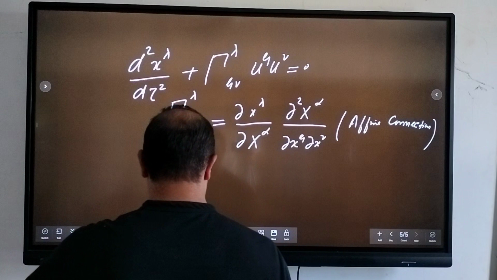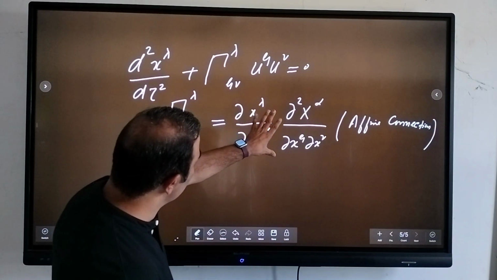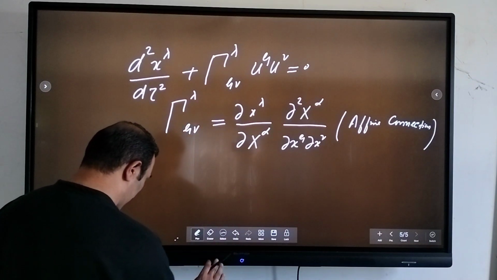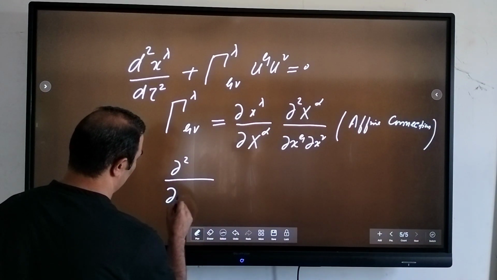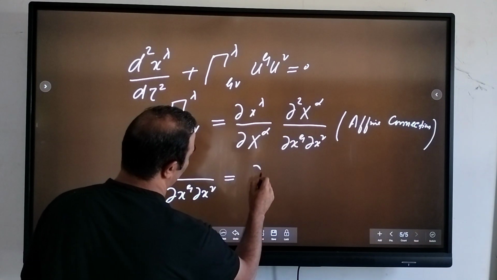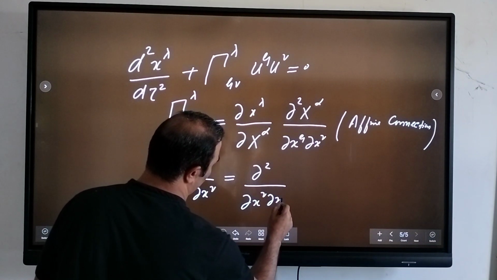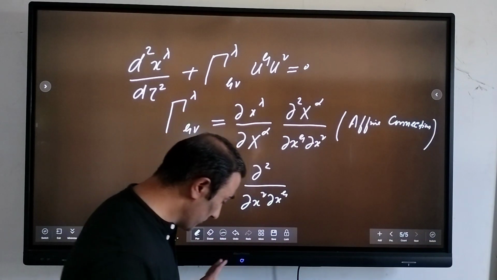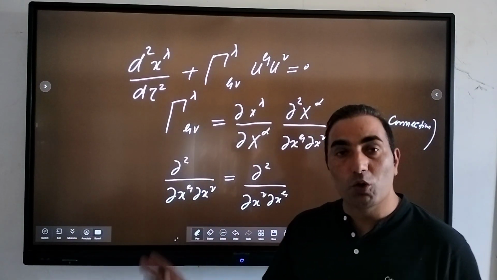Okay. Now we have this term. With this term, we can rewrite this as partial 2 by partial x mu partial x nu. Because it is symmetric, these coordinate differentials commute with each other, right?